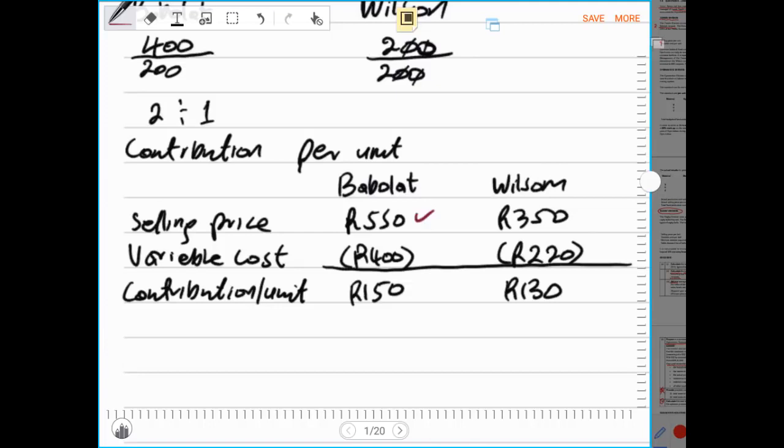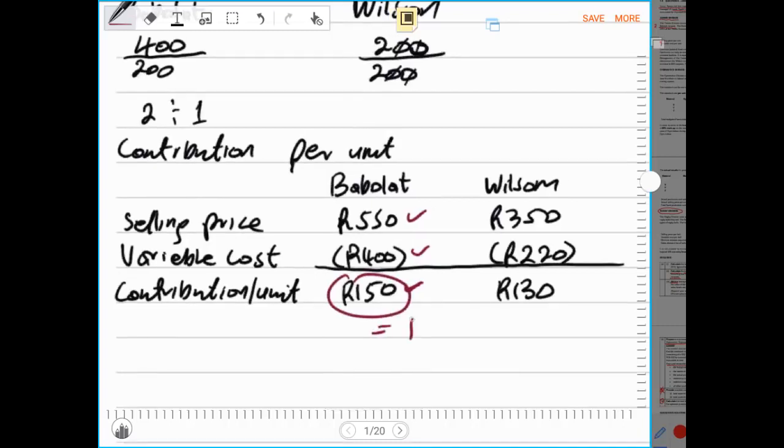And if we remove 400, which is the variable cost, the remainder out of the selling price will be 150. And this 150 will be used to cover fixed cost. That is why when the contribution is equal to fixed cost, the company will be at the break-even point. Whenever your contribution in total is equal to the total fixed cost, the company is at the break-even point.